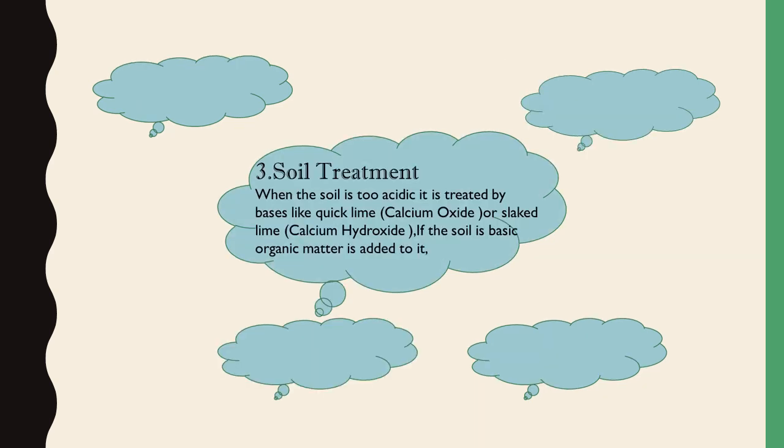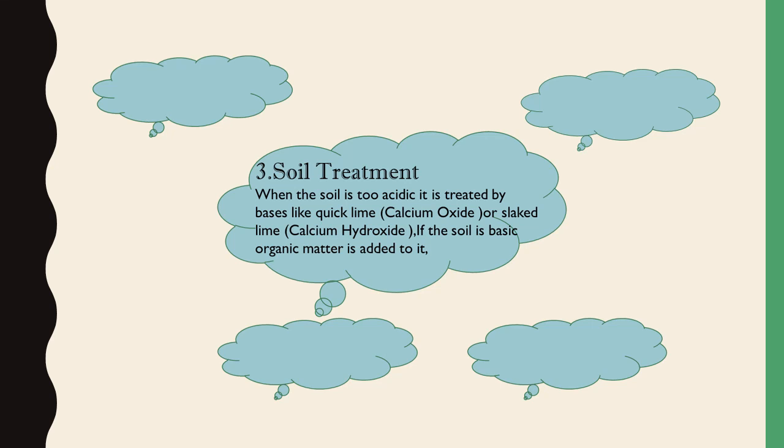So soil treatment. When the soil is too acidic, it is treated with bases like quicklime. Quicklime is calcium oxide, or slaked lime. Slaked lime is calcium hydroxide. And if the soil is basic, organic matter is added to it.